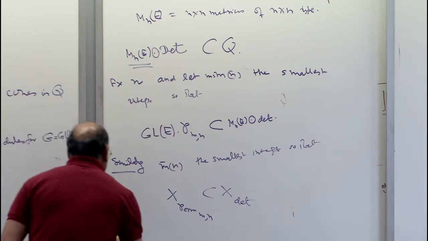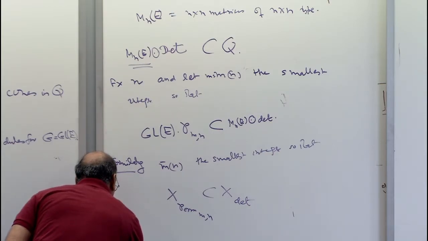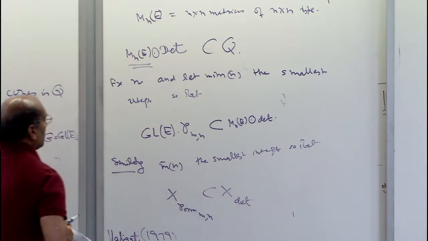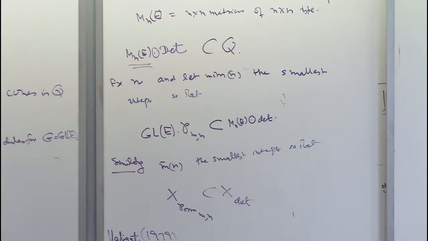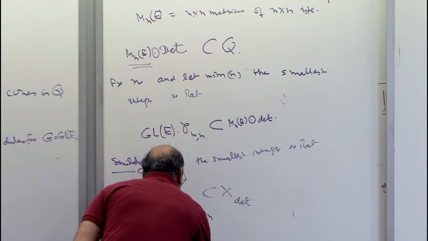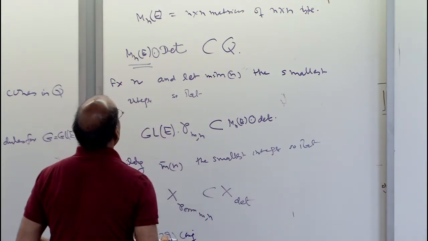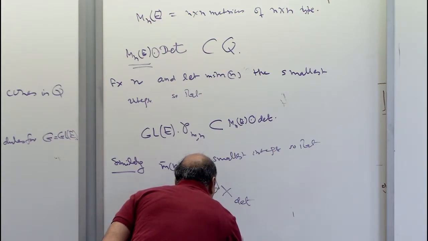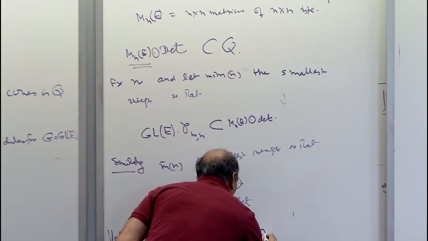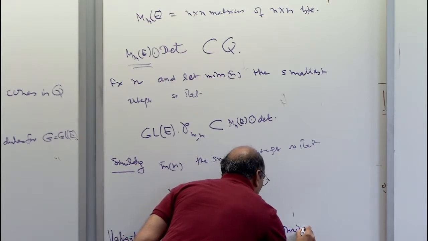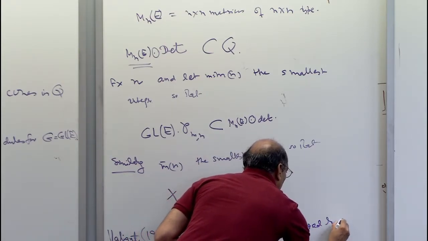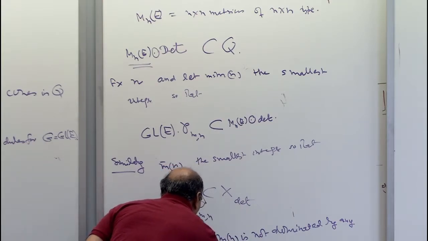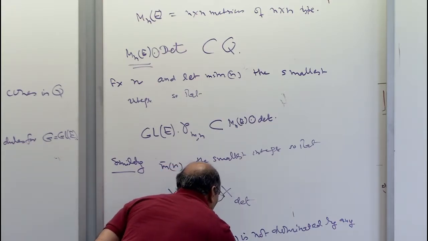So now Valiant, and this is 1979, made a conjecture that this function m_n is not dominated by any polynomial in n.